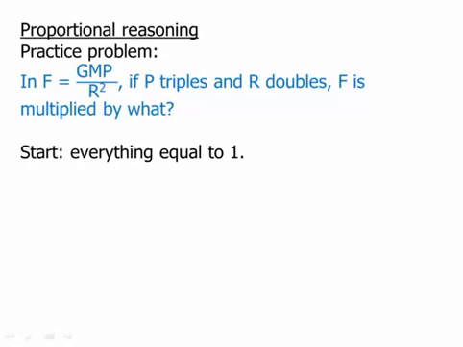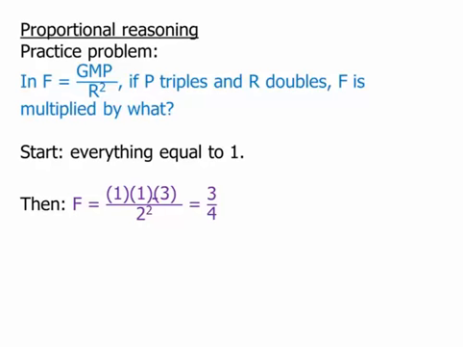So we'll start with everything equal to 1. 1 equals 1 times 1 times 1 over 1 squared. That works. Now we're going to change the p to a 3. We're going to change the r to a 2, so we get a 2 squared in the denominator. We're going to leave the F as a variable. And what we're going to get is 3 fourths. So the force is multiplied by 3/4 when we make these changes.